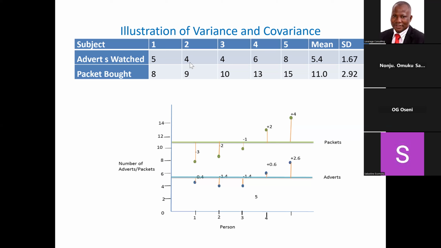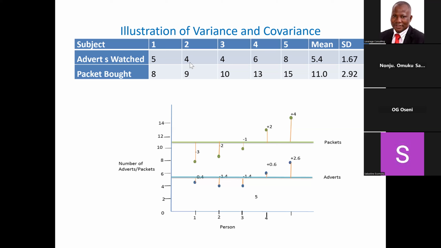You see the value is along the vertical. The mean value for the number of adverts watched is smaller than the number of packets bought. The mean number of adverts watched is 5.4. Look at that blue line, it represents the mean.